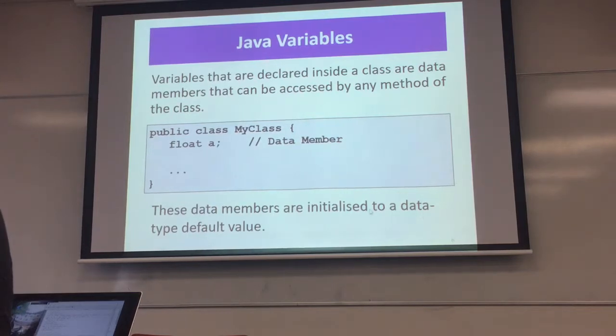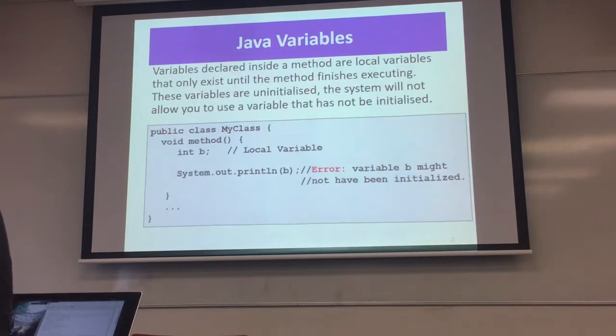Data members are initialized to the data type's default values. So integers to 0, floats to 0.0, for data members in a class. Local variables in a function are not initialized in C++. They can have garbage values. But in Java, data members are initialized.